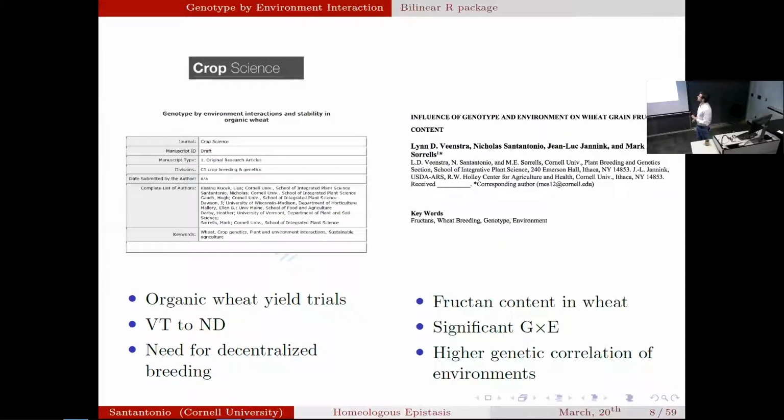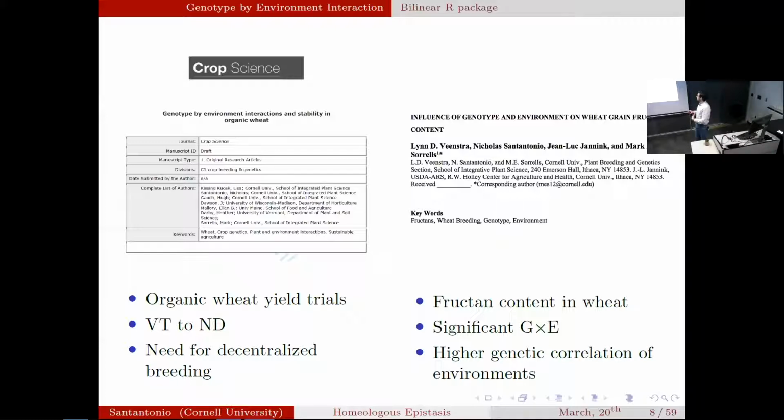That's in contrast to another paper I worked on with another student from Mark's lab, Lynn Veenstra. Both of these students have graduated. This one hasn't quite been submitted yet, but is very close. And we worked on G by E for fructan content, and we were able to show that there were significant G by E effects, but in general, the genetic correlation across the environments that she evaluated in New York was relatively high.